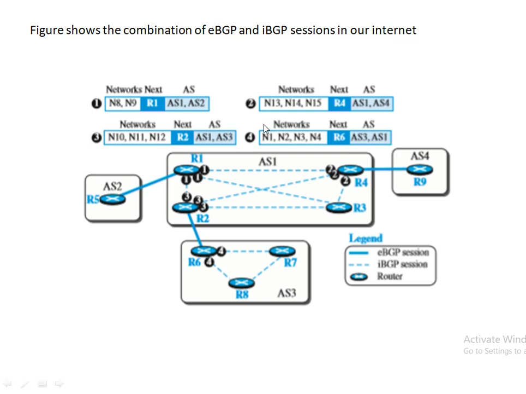So N8 and N9 can be reached through R1, and it has to pass through AS1 and AS2. This message is sent through separate sessions to the R2, R3 and R4 routers. Routers R3, R2, R4 and R6 do the same thing but send different messages to different destinations.